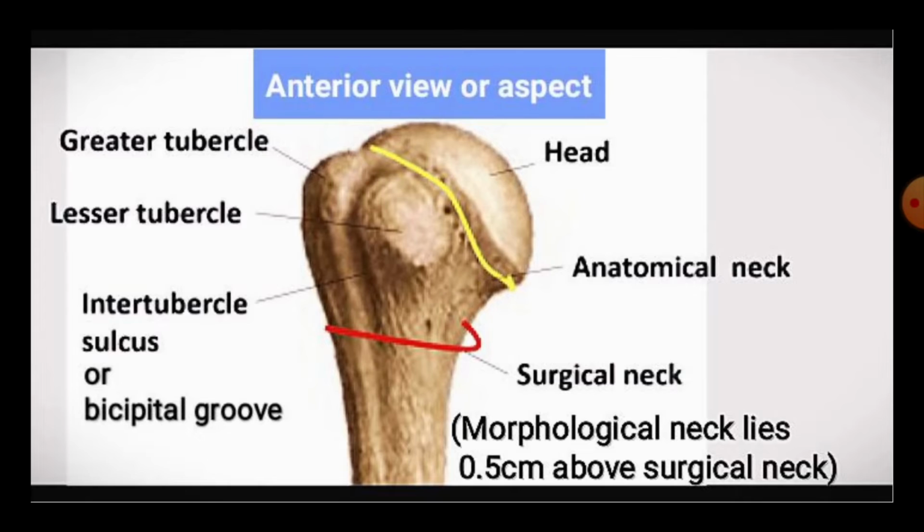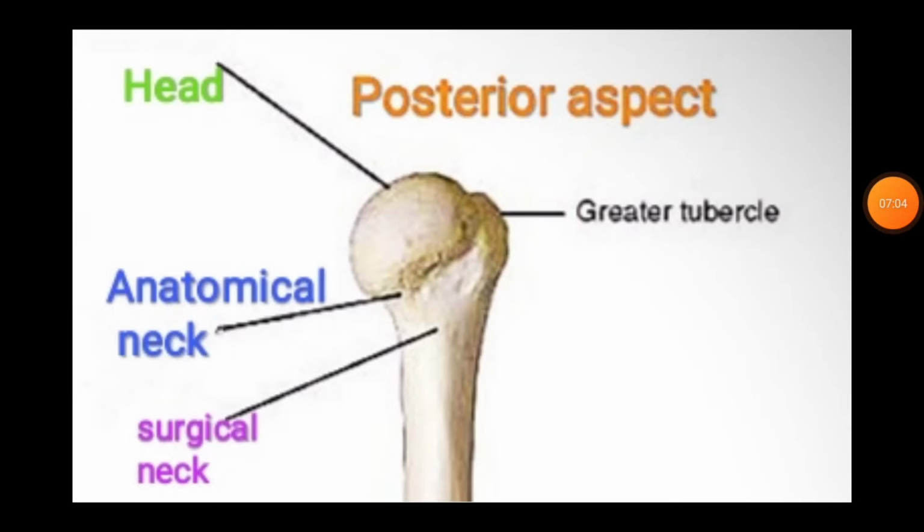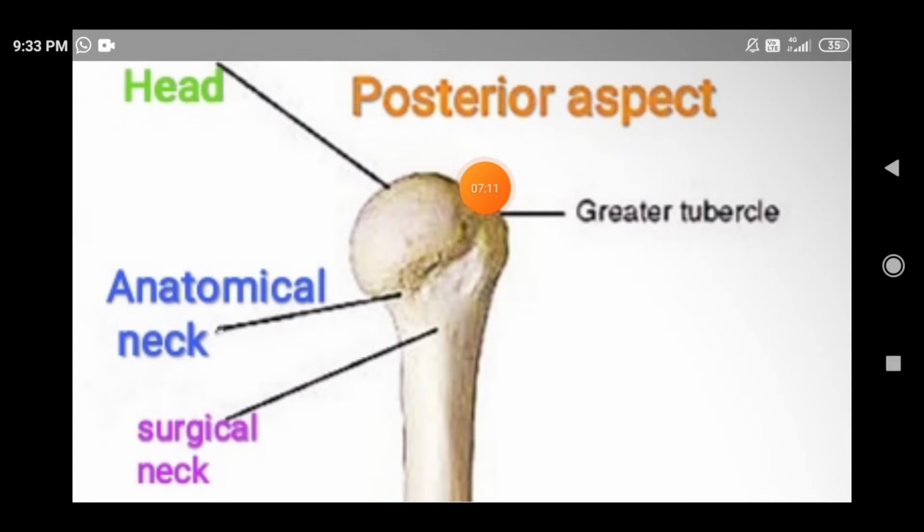So this is the right humerus bone. The posterior aspect of the greater tubercle is marked by three impressions: upper, middle and lower.